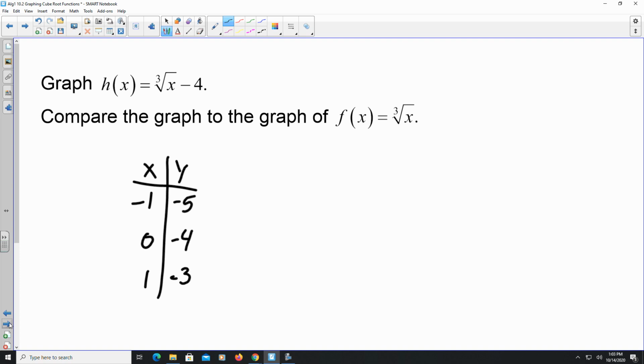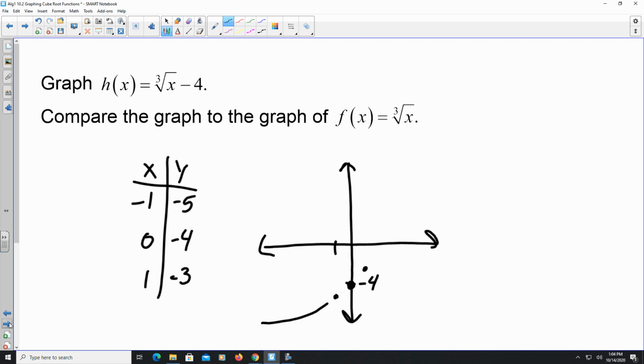So plugging it into the table, I go to -4, and that is where my graph changes. Looking at -1, -5 is somewhere right here, and 1, -3 is somewhere over here. So my graph is going to look something like this.